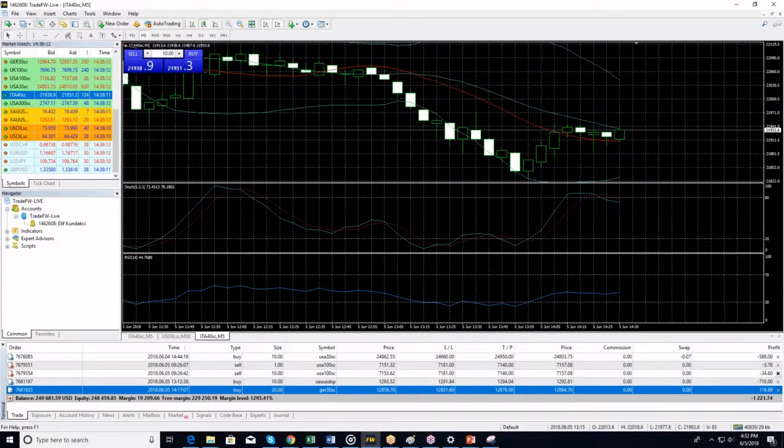But we had a very nice move on Italy. The last 2 days, Italy 40 and DAX are our money-bringing horses. Any trade we put on Italy 40 brought us quite good money within a short time frame. This is the way we like to trade.